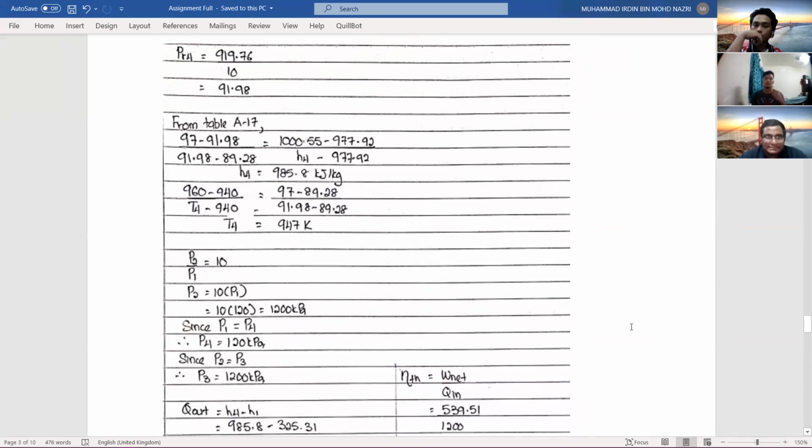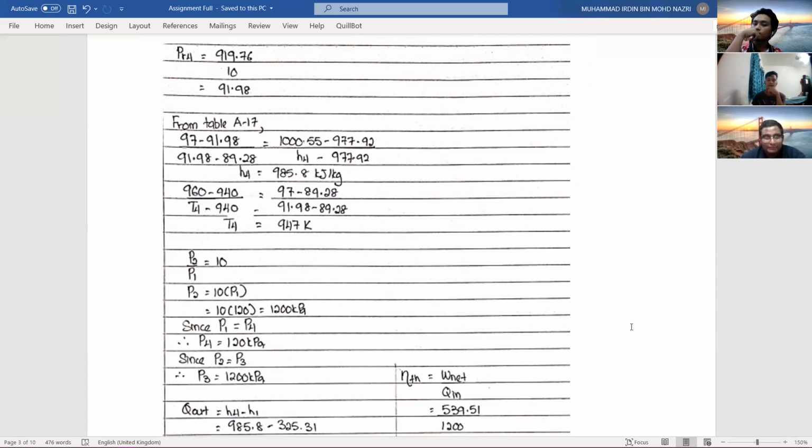Since Pr3 and Pr4 occur in an isentropic process, we can find Pr4, which is Pr3 divided by 10, so we get 91.98.